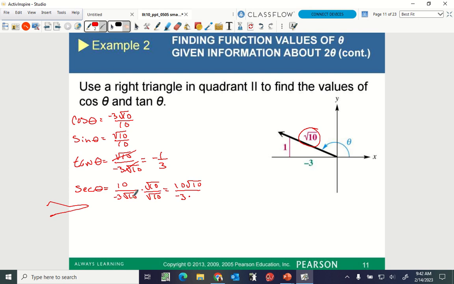It just goes away, because it becomes square root of 100, which is just 10. I'm writing it like this on purpose. Because there's also a 10 on top and a 10 on bottom, can I cancel that? So simplified, I get rad 10 over negative 3.